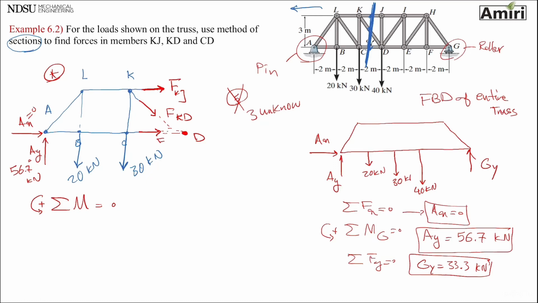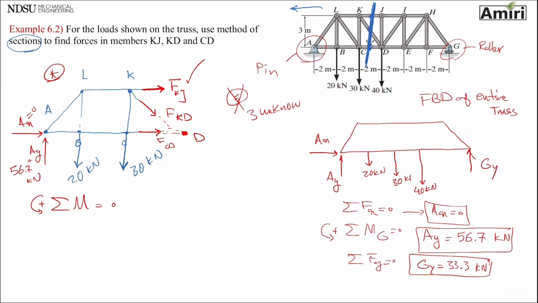So this one is FCD. Point D is not even on the free body diagram, but I picked that point because FCD and FKD both go through point D, so the distance between point D and the line of action of those forces is 0, so I don't need to worry about it, so I can find my FKJ.